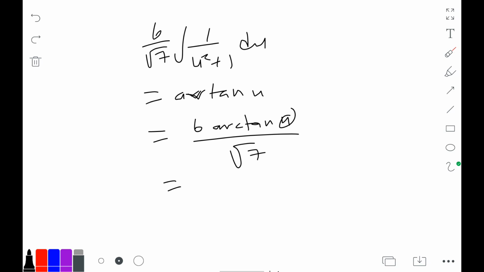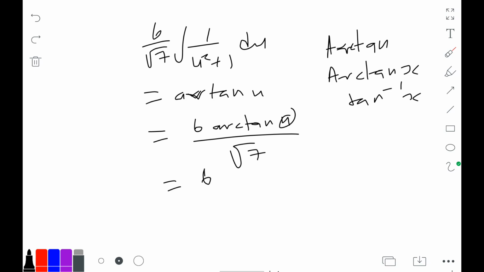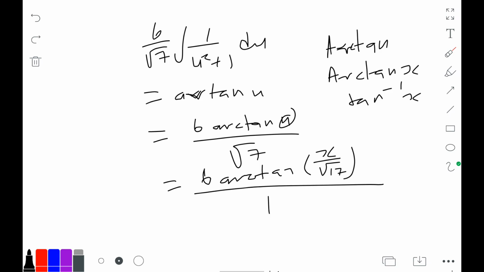Then this answer is going to give you 6 arctan of x over square root of 7, not 17, sorry, I mean 7.